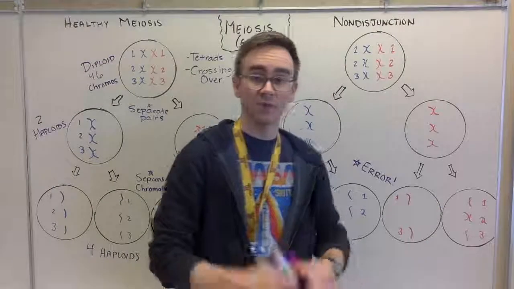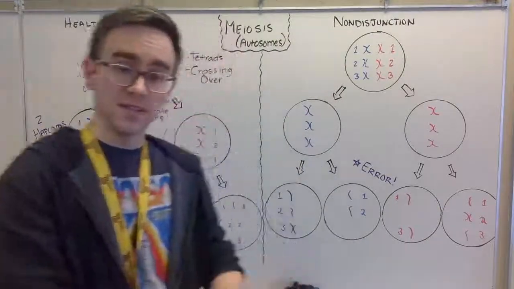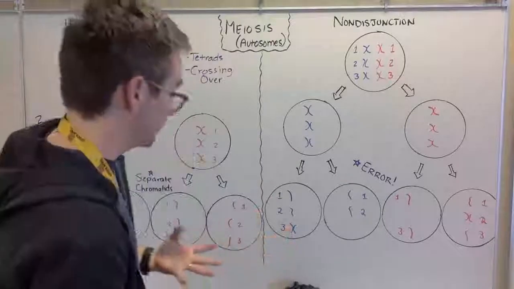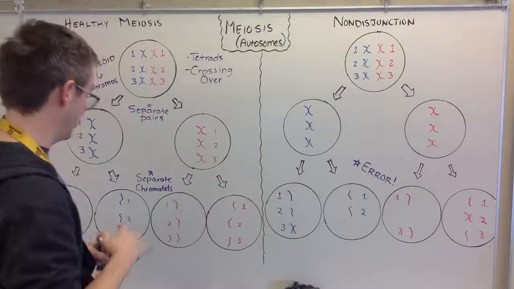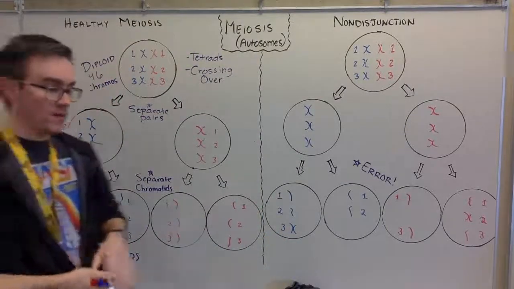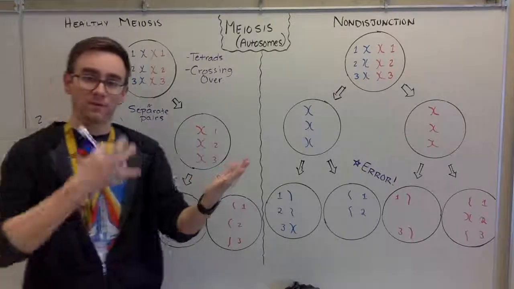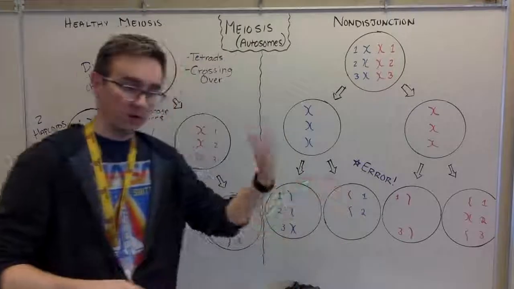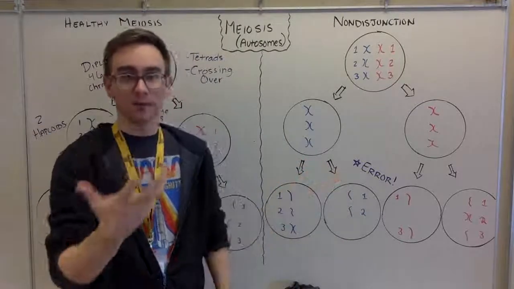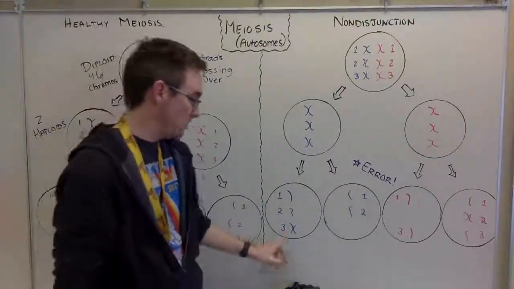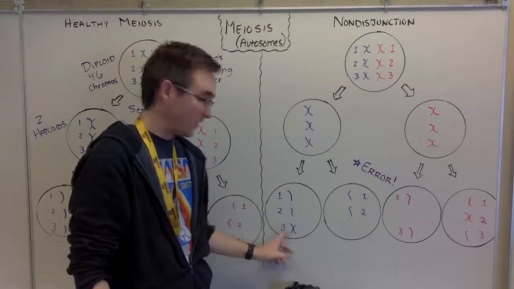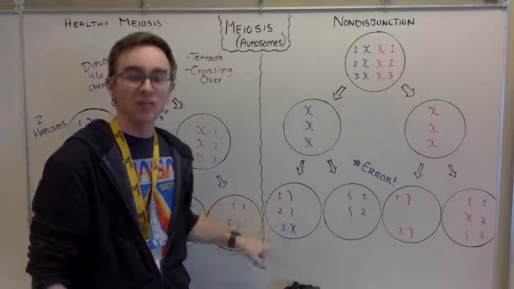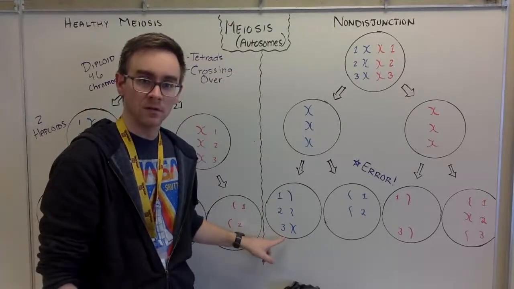Now remember, the whole purpose of this is to combine 2 gametes, to create 2 sets. So you get 1 number 1 chromosome from your mom and 1 from your dad. But if I were to use 1 number 3 chromosome from my dad and 1 from my mom, but I use this gamete right here, I will get 1 number 1, 1 number 2, and 2 number 3s.